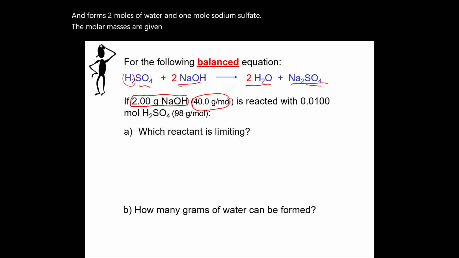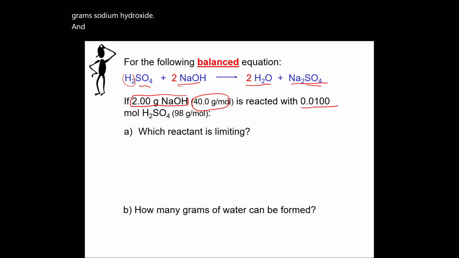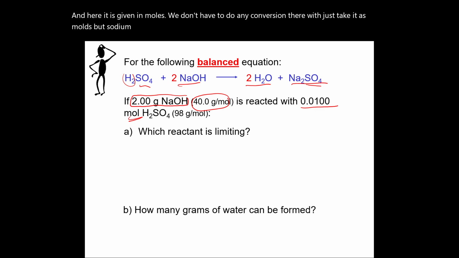Sodium hydroxide is 40 grams. 1 mole sodium hydroxide is 40 grams sodium hydroxide. And here the sulfuric acid is given in moles. We don't have to do any conversion there. We just take it as moles. But sodium hydroxide has to be converted to moles from grams.